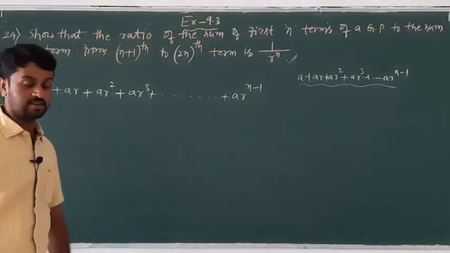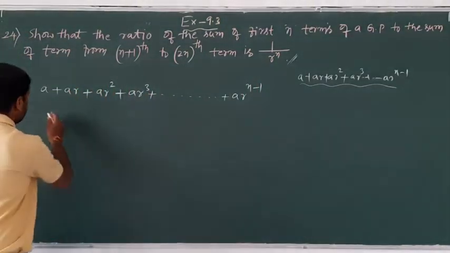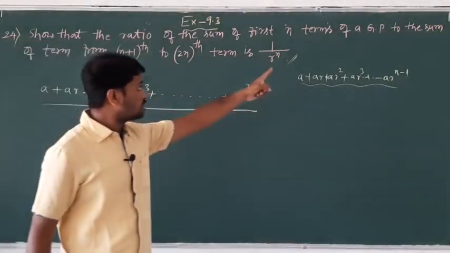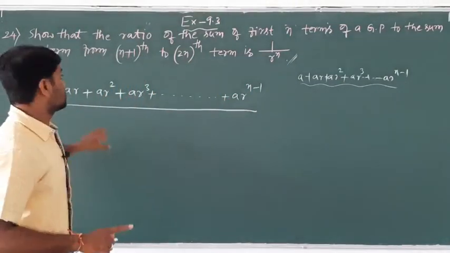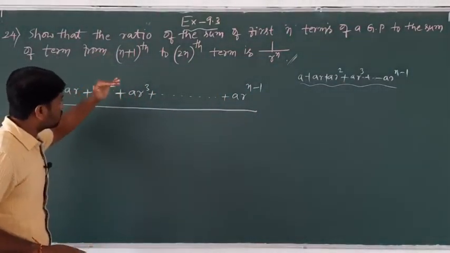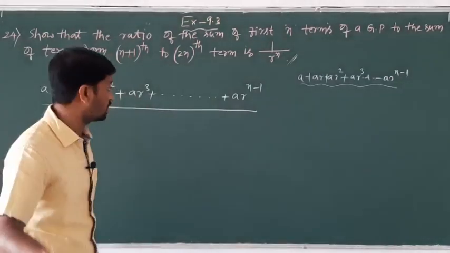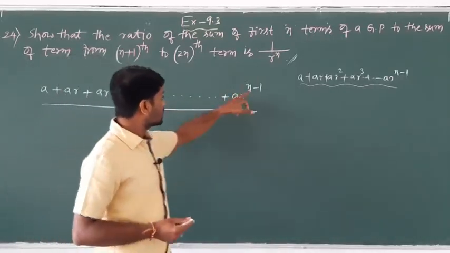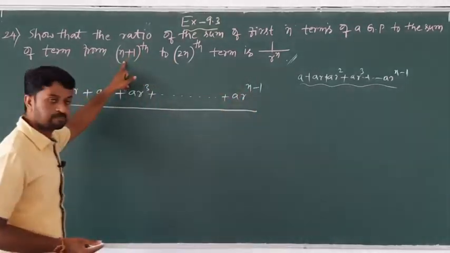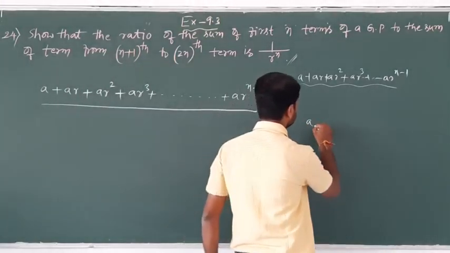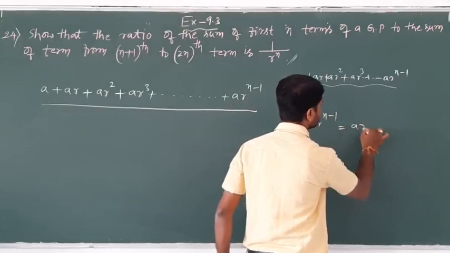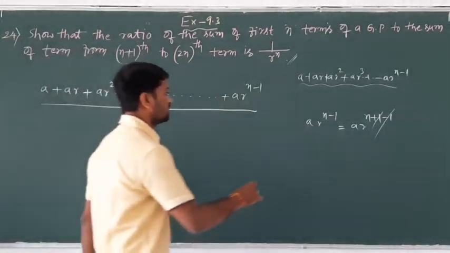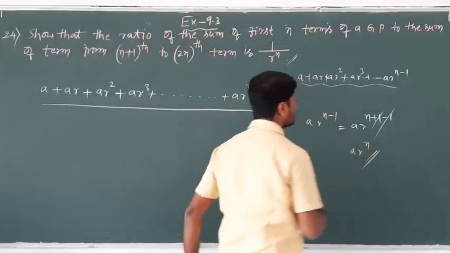This is divided by the sum of the terms from the (n+1)th term. The nth term of the GP is a into r power of n minus 1. Replacing n with n plus 1 gives a into r power of n plus 1 minus 1, the plus 1 and minus 1 cancel, and the remaining is a into r power of n.